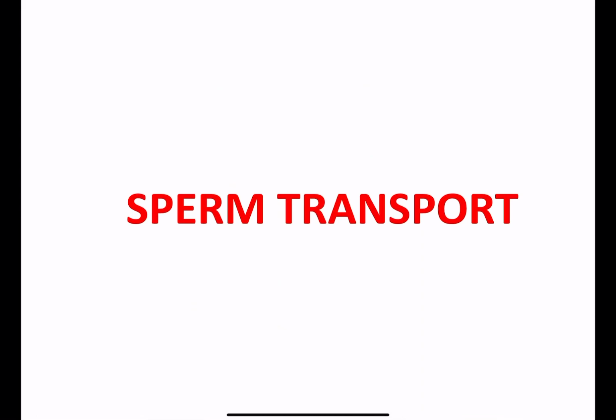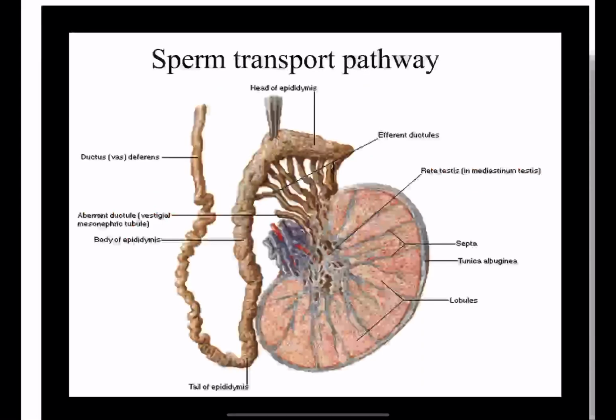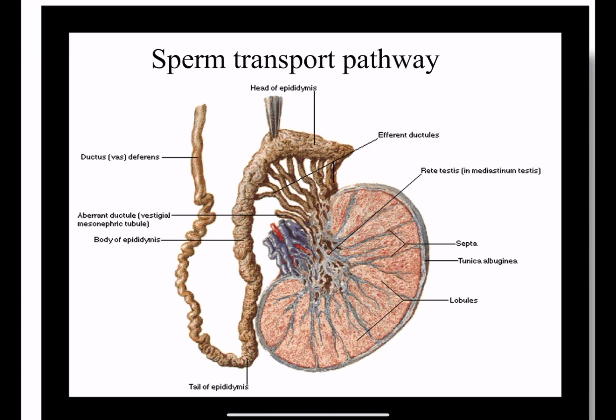After sperm synthesis, or spermatogenesis, the second process is sperm transport. The transport of the sperm occurs through a series of channels from the testis to the outside. These include the rete testis, the efferent ductules, the epididymis, the vas deferens, the main ejaculatory duct, and to the outside of the body.